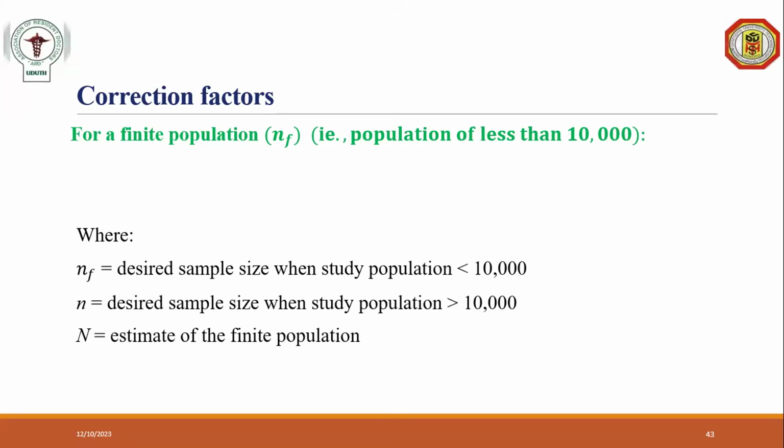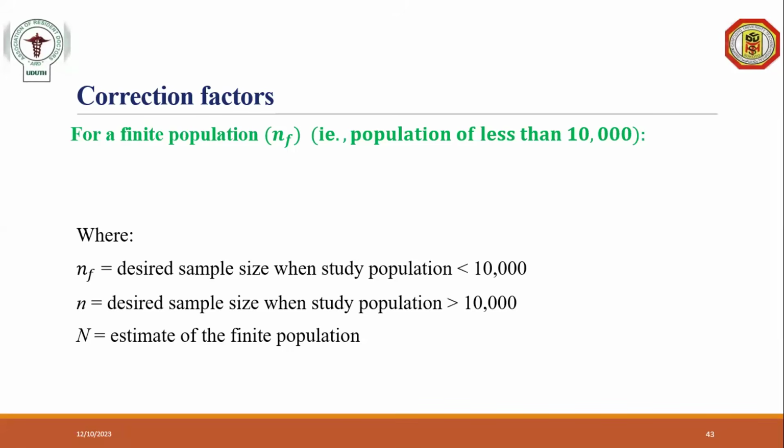So when you divide it, what are you going to get? 300 divided by 1.333, which is 225. So that is how you correct your formula.